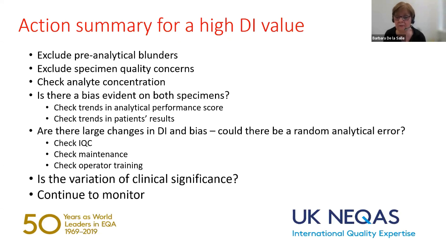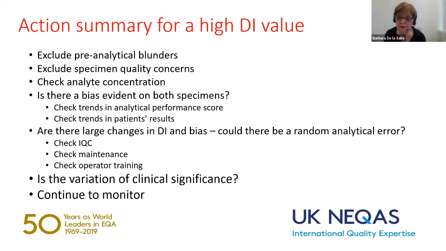So if we send a platelet count of 15, plus or minus 2 or 3 on that is clinically not a great problem. However, it will make a statistical problem, and you need to look at that and observe whether you see the same problems on both specimens. We rarely would ever send 2 very low platelets in the same distribution. So check the other specimen as well, and just ask yourself, is the variation of clinical significance? If it isn't, then just continue to monitor.